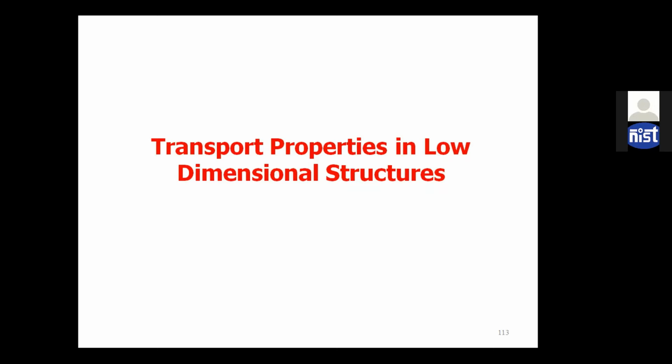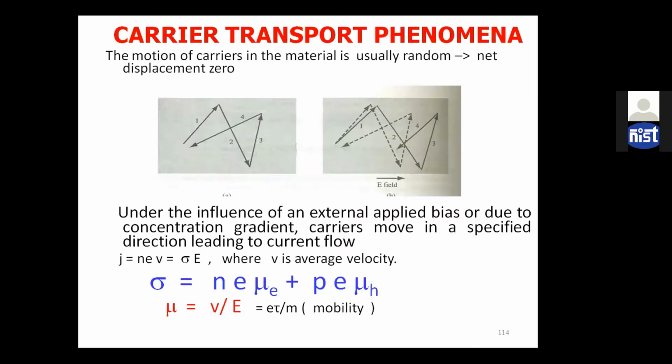So let's start from our previous lecture, where I already stated the carrier transport phenomena. As all of you know, in school level, plus 2 or plus 3, graduation level, master's level, specifically the electron, if we take a silicon crystal, there is a crystalline structure, a periodic arrangement of atoms.